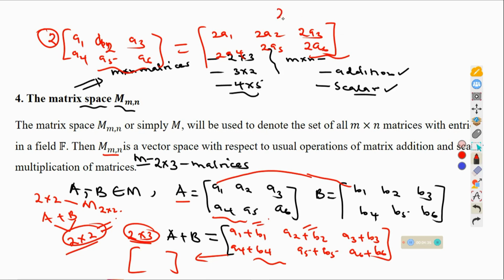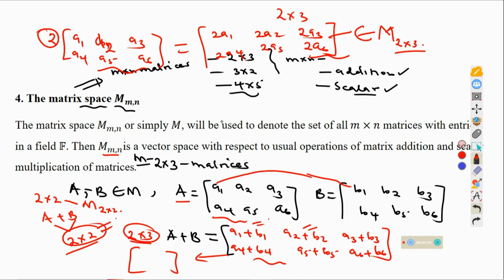matrix which is a 2 by 3 matrix, which means this one here will be within a matrix space of 2 by 3 matrices. So clearly we can easily define a scalar multiplication operation onto the matrix space.